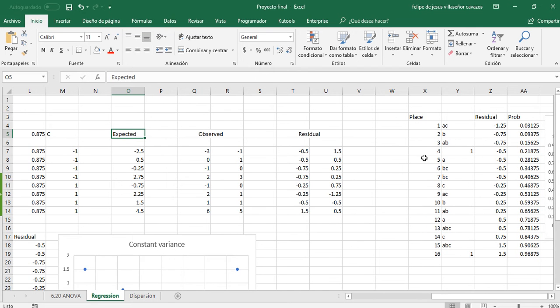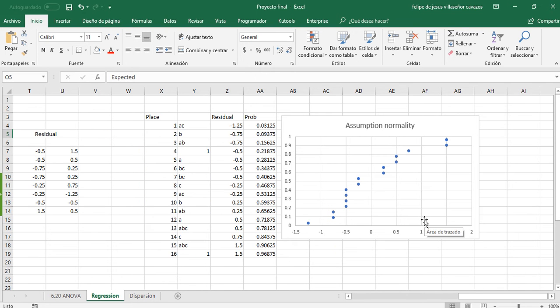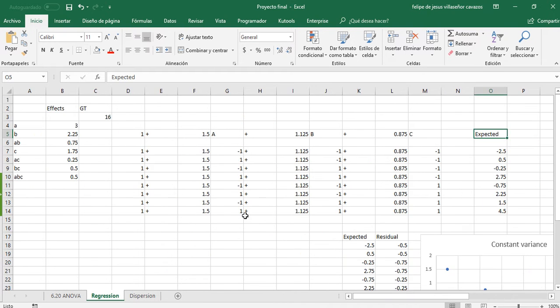Now we plot the residuals against their probability, and we have the assumption of normality. In this case, there is no problem with normality.